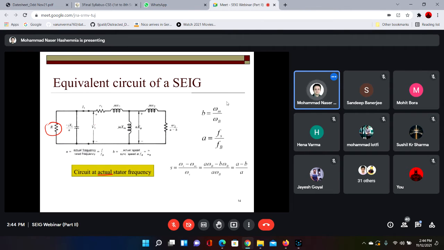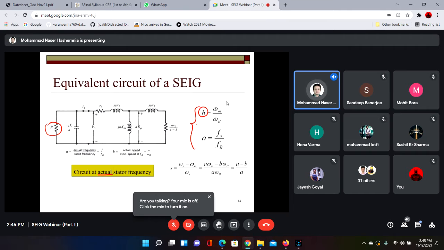We define two parameters. This is well known. One of them is known as per unit speed, which is B. B is per unit rotor speed, and A is per unit stator frequency.